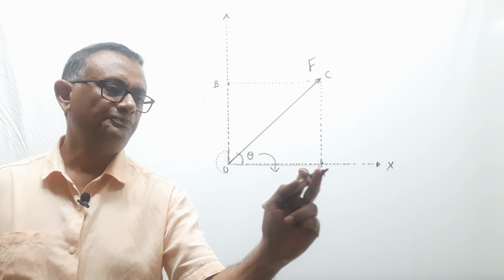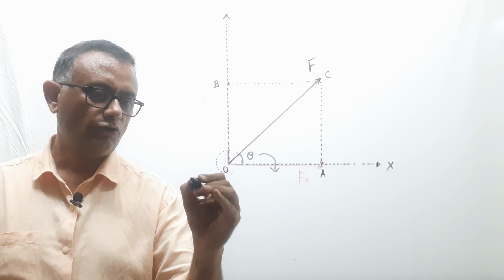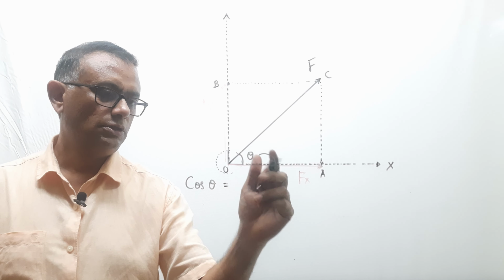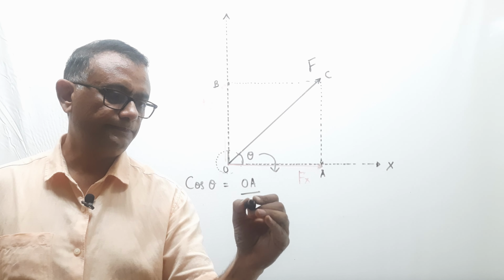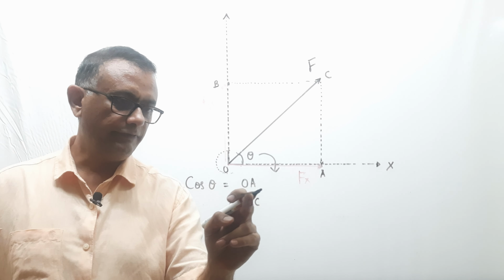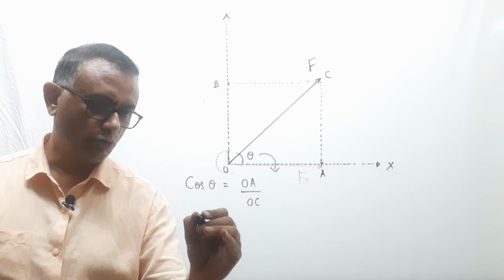How will I compute this OA? I will use this ratio cos theta. cos theta is equal to OA divided by OC. Is this clear? Now what we do, we replace OA with the force.